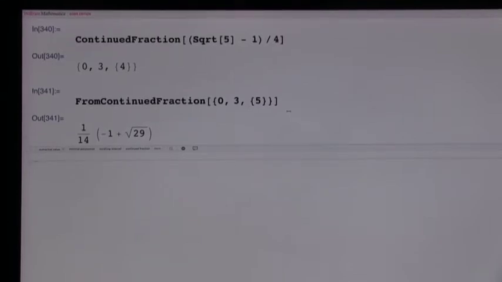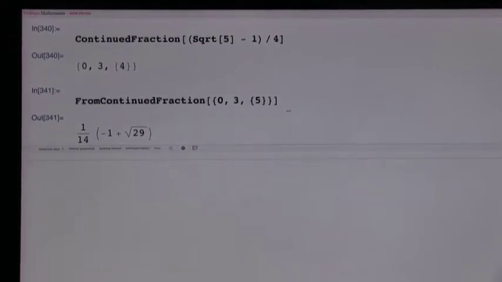So root 29 minus 1 over 14. So not quite as nice, but nonetheless it would be a good approximation. It's actually a pretty interesting approximation.